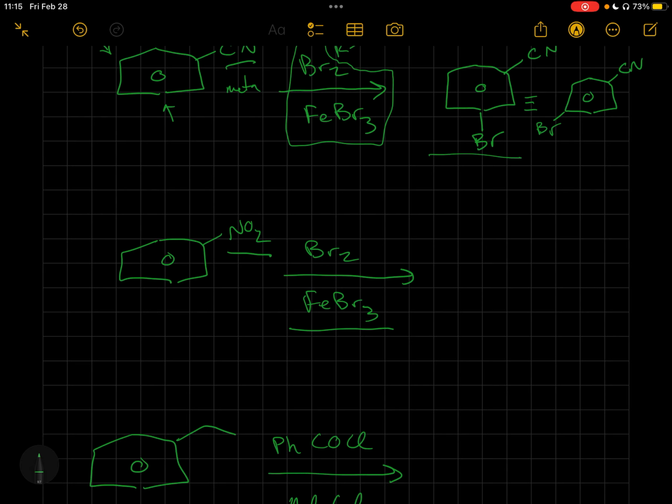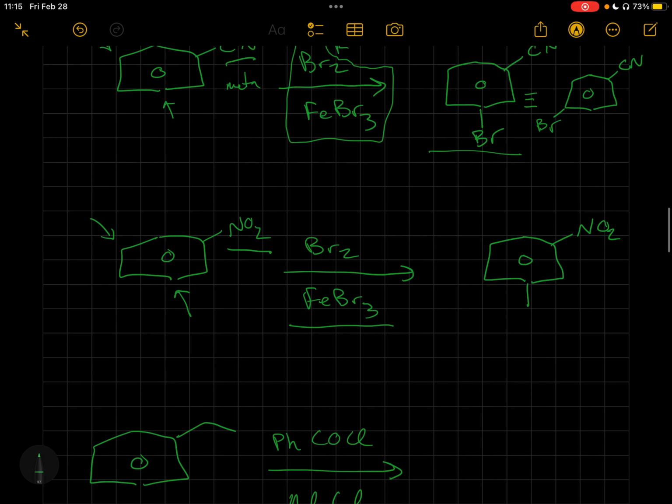Your nitro group is going to be a meta director, okay? And we talked about this in class, how the nitro actually has a positive charge on the nitrogen, and then one of the oxygens has a negative charge on it. But basically, what you have to remember is that the nitro group is just going to cause this to react very, very slowly.